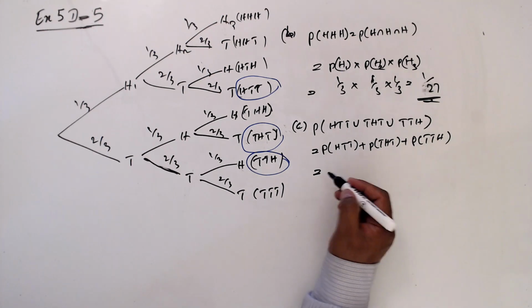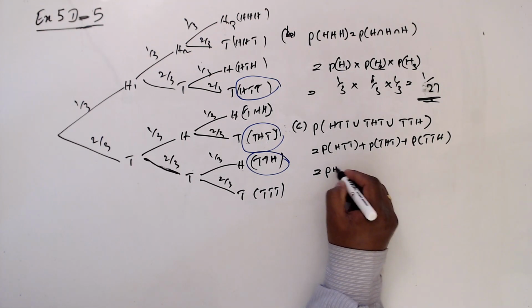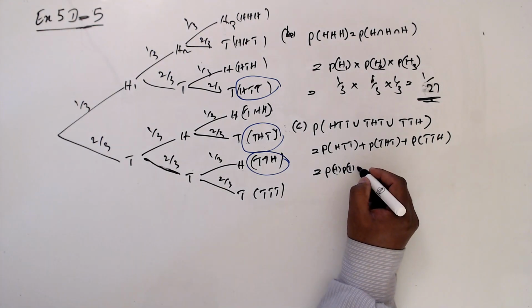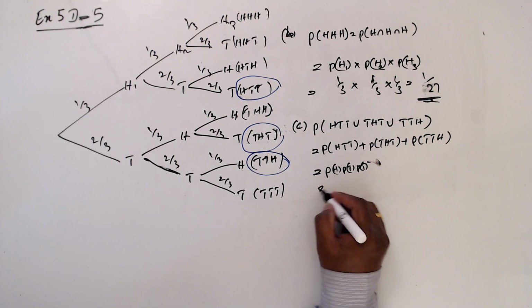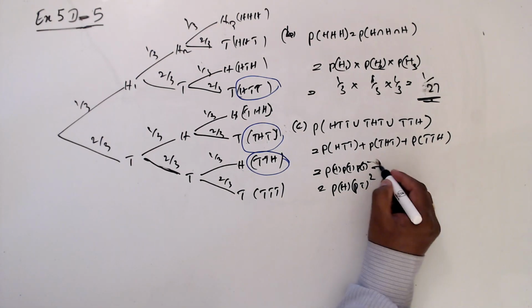Then this is going to be the probability of H times the probability of T multiplied by the probability of T, which is PH times the probability of T square.